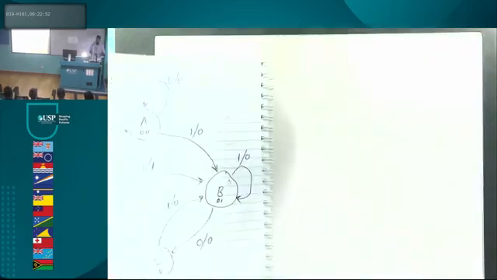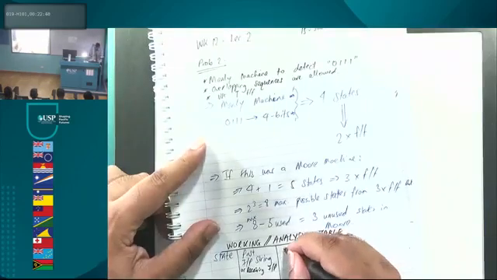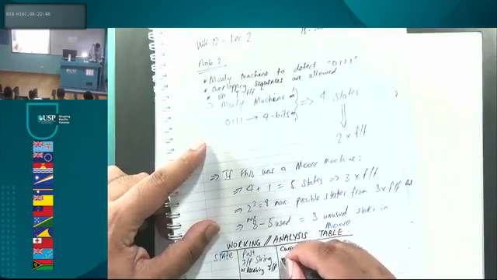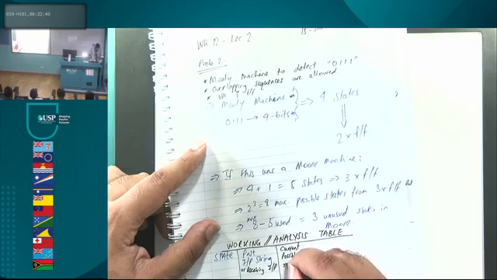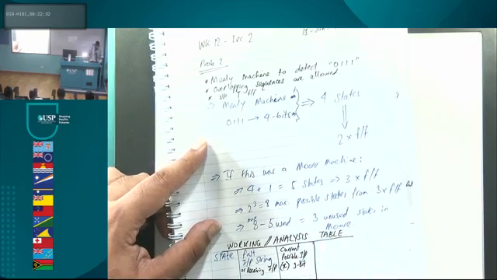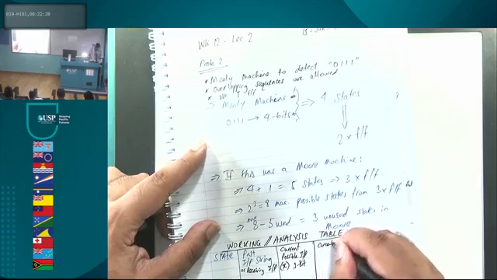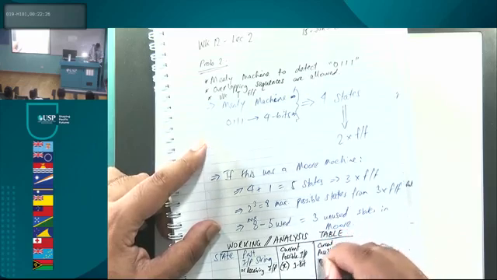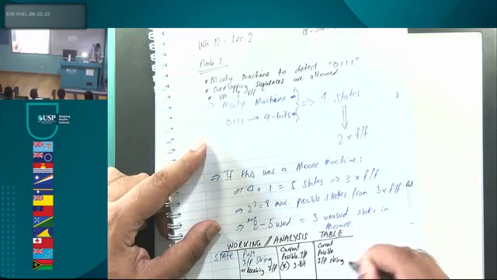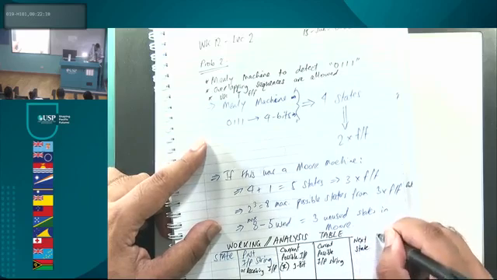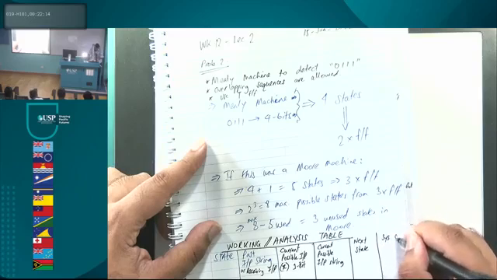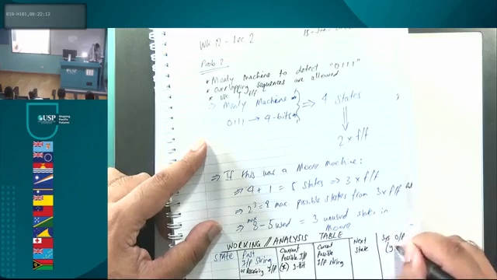Then the current possible input, and this is X. We know that it'll be only 1 bit. Then the next state, and the system output. Let's call it Y.